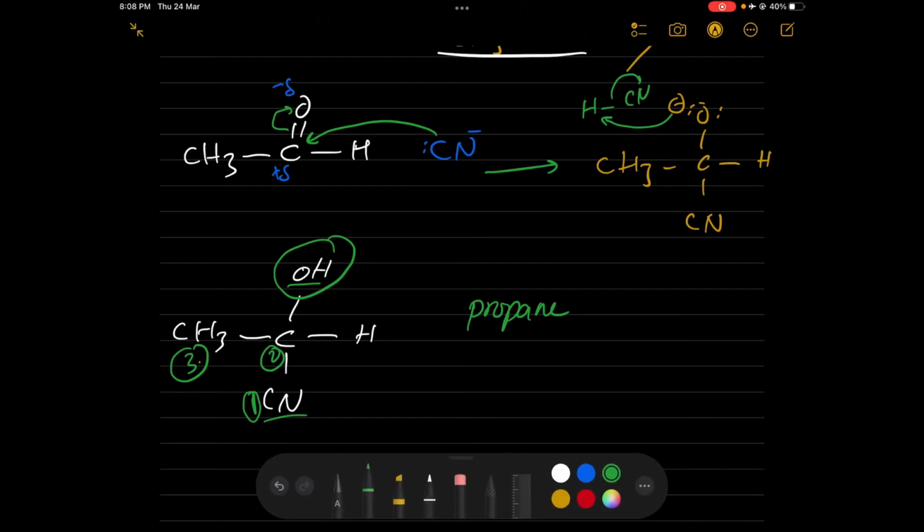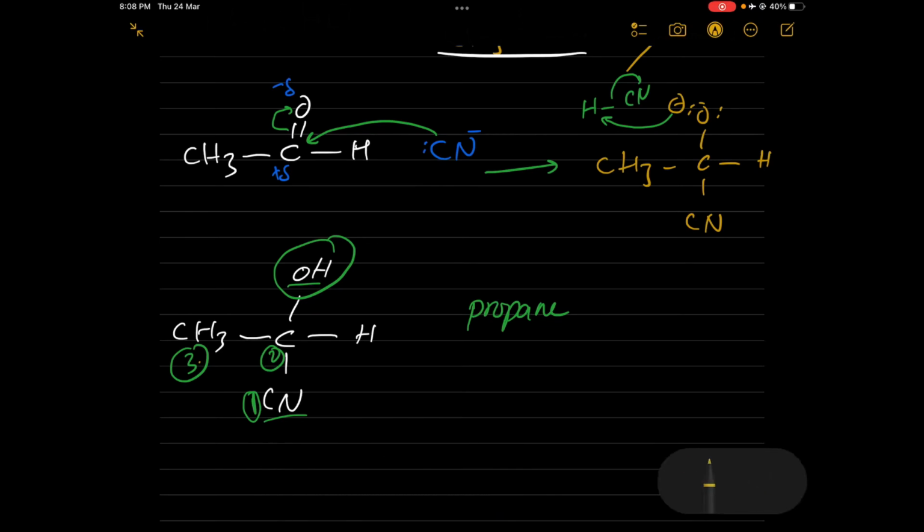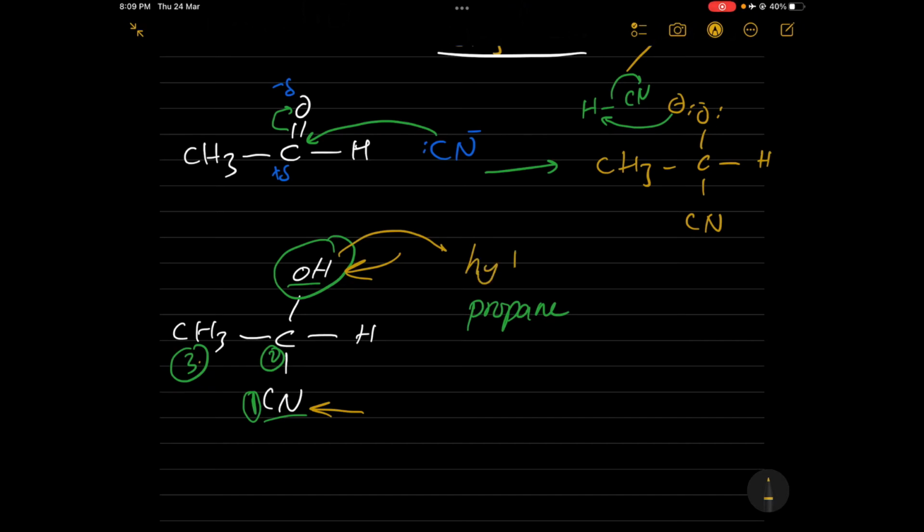In this case, once you have a different functional group, a cyano group or nitrile group, and a hydroxy group, we stop calling it ol. We stop calling it ethanol or propanol. We start naming the OH group as hydroxy. So you have hydroxy, all right, and we have nitrile.